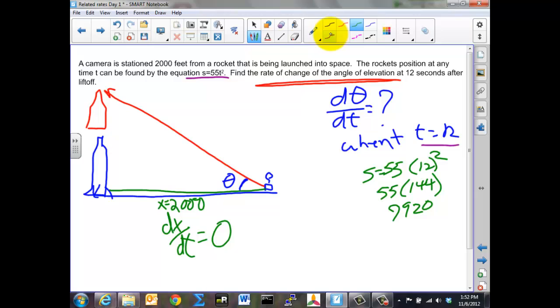So let's just pretend that this is the rocket after 12 seconds. So what does that tell us then? This distance is 7920, right? Y'all agree with that? All right.